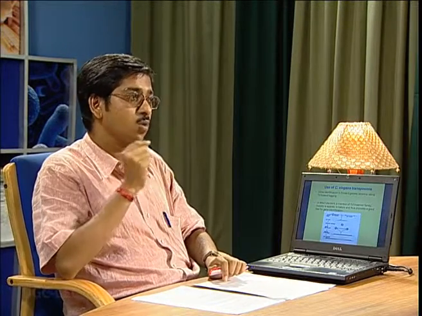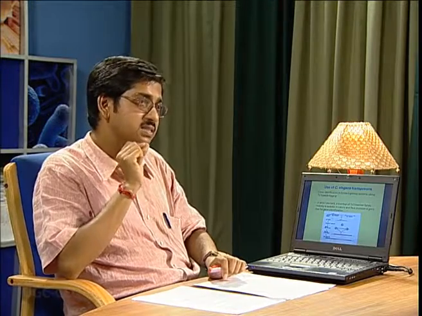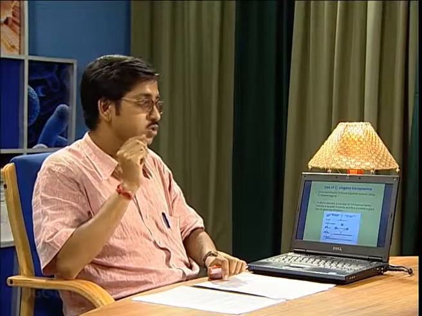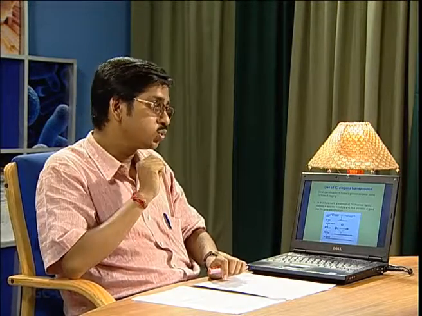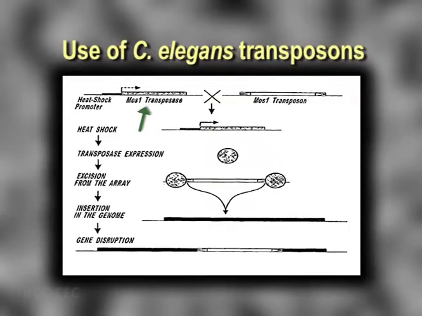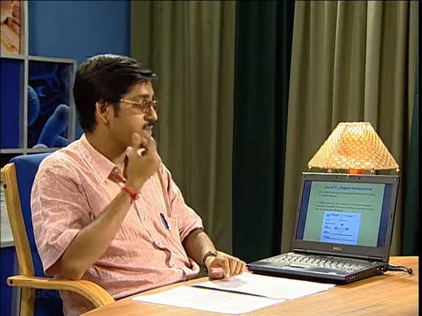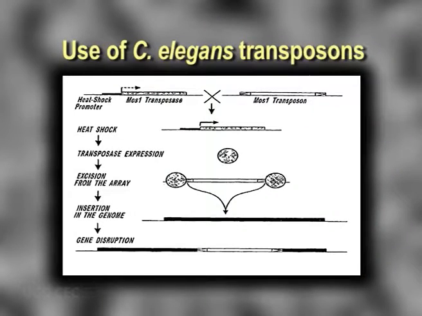However, while doing this forward genetic screen, one important thing is that the movement of the Tc1 or Tc3 elements is quite rare. So people have devised the use of a Mos1 element in C. elegans, which is a member of the Tc1/mariner family, and the importance of Mos1 is that its movement is very specific and can be controlled. We can look at this figure. We can have a heat shock promoter which activates the Mos1.